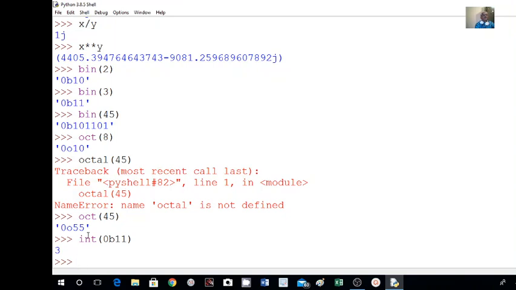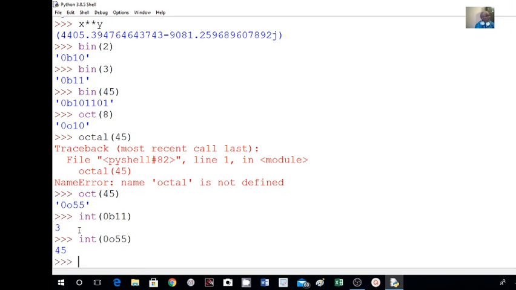So to convert to decimal form, I have to write int 0b. Similarly for octal, I have to write int with 0o. I have taken octal 45 as 55 here, so I must get 45 as the answer. So this is equal to 45.